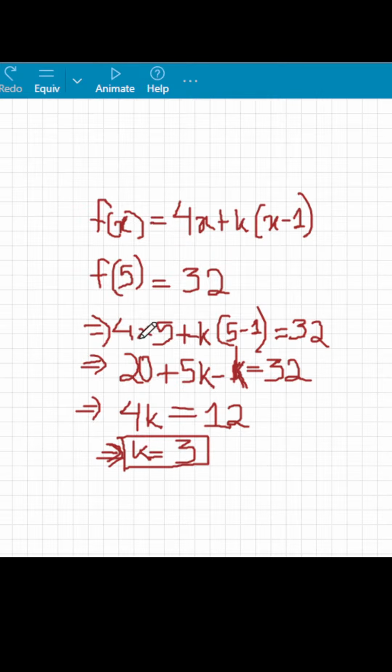Now we'll find out f of 10. So f of 10 will be 4 into 10, and k is 3, so plus 3 multiplied by x minus 1, that is 10 minus 1.